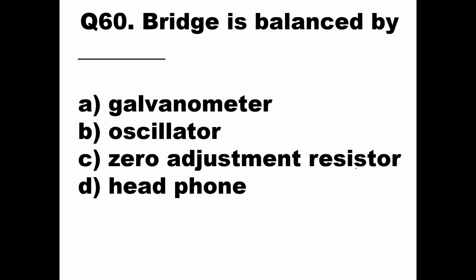Once it is adjusted, then whichever device you're using, like a galvanometer or headphone or anything, it will show you zero current in that. So the option here should be zero adjustment resistor. A bridge is balanced by a zero adjustment resistor. Option C is the right answer here.